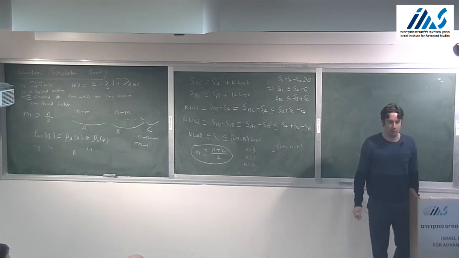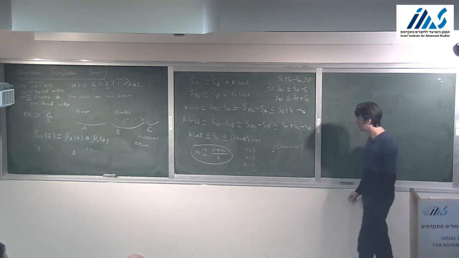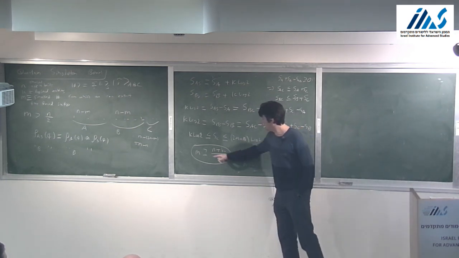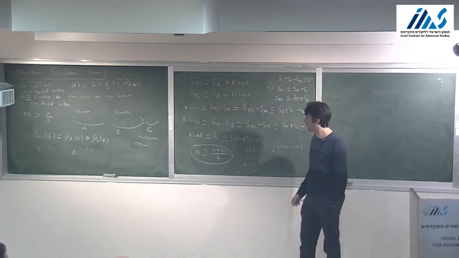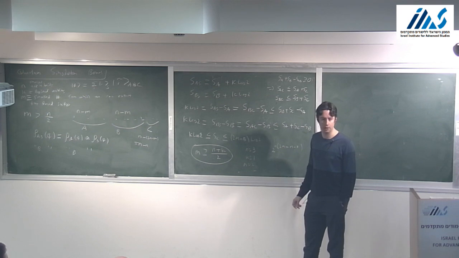So a generic subspace whose dimensionality is chosen to be on the right side of this inequality will in fact be correctable.